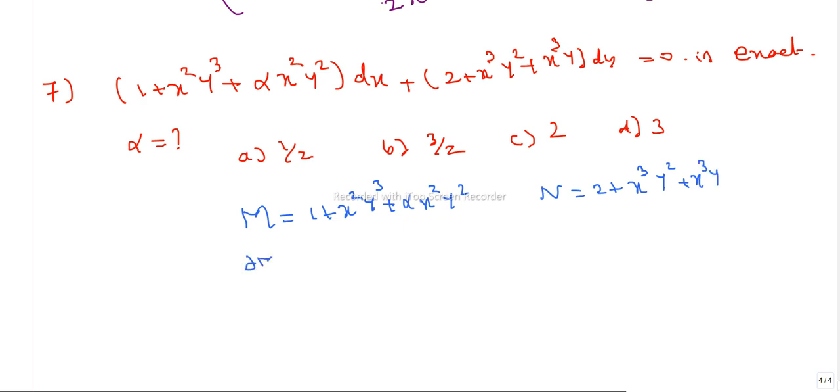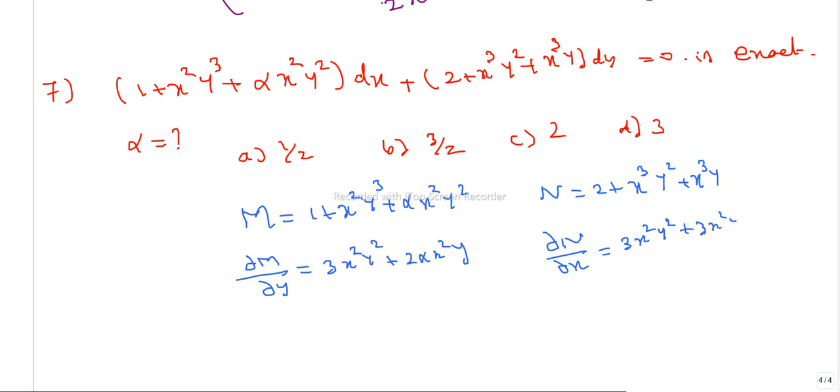Now dou M by dou y is 3x square y square plus 2 alpha x square y, because we treat x as a constant. Now dou N by dou x is 3x square y square plus 3x square y.